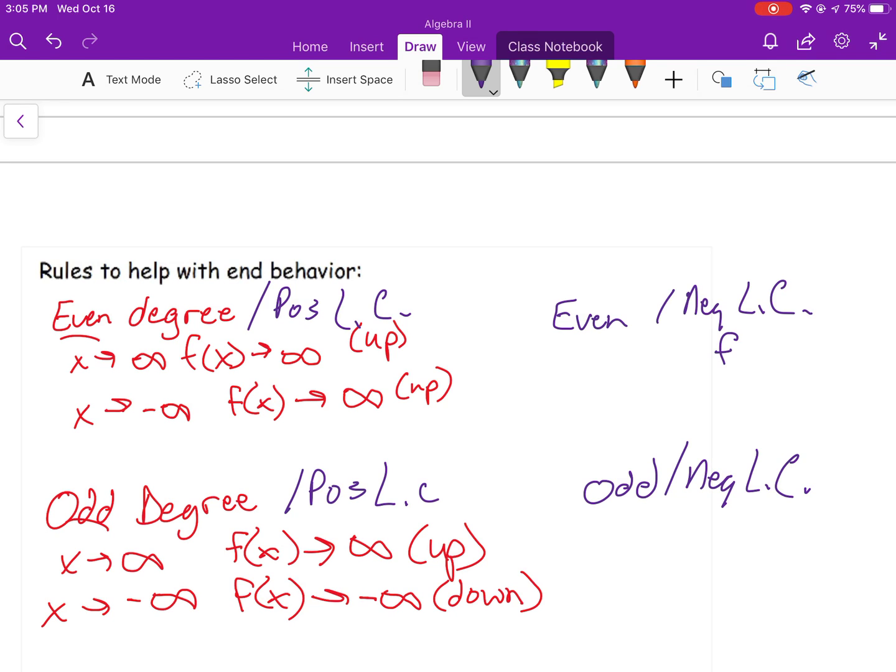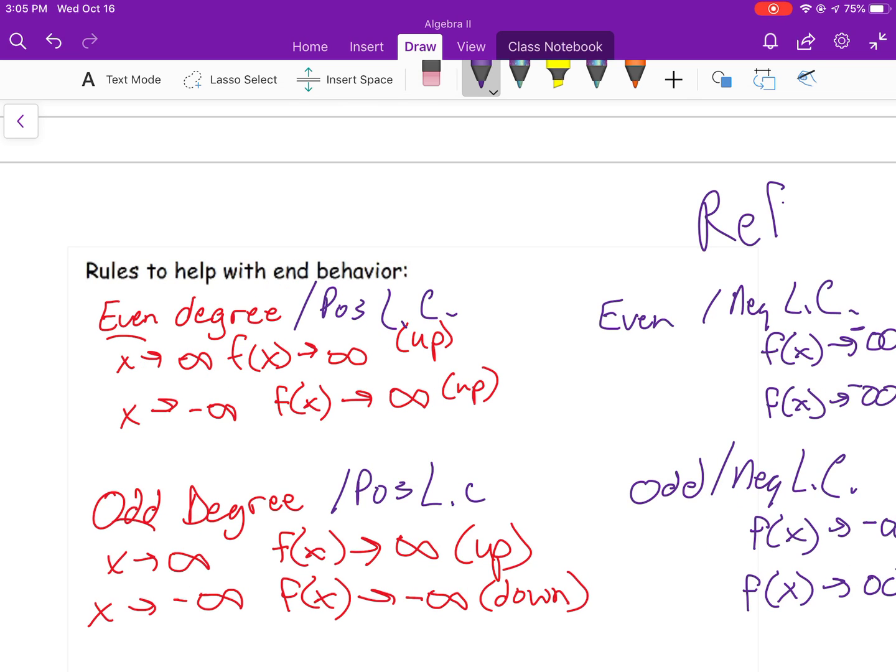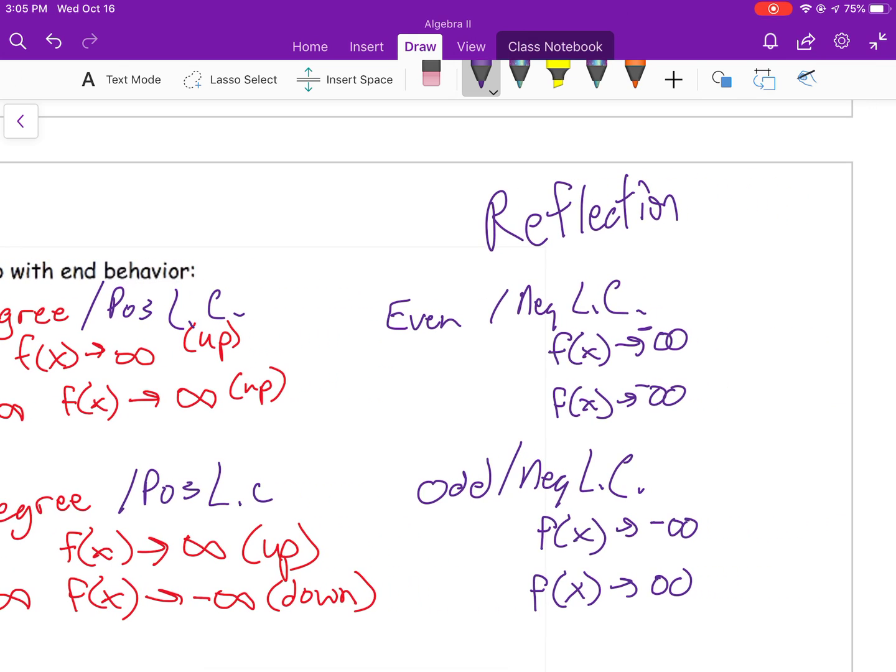Because now my f of x, it's going to go up, down and down when it's even. Instead of going up first, it's going down on the right side, and it's going up on the left. So basically a big old reflection on the x-axis.